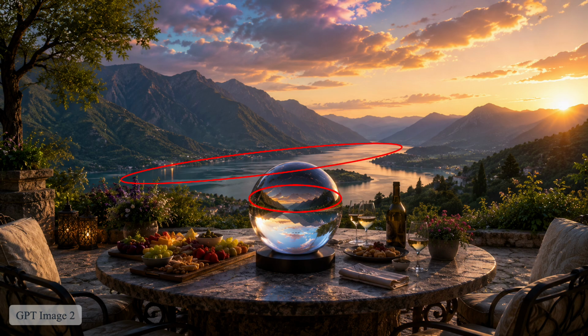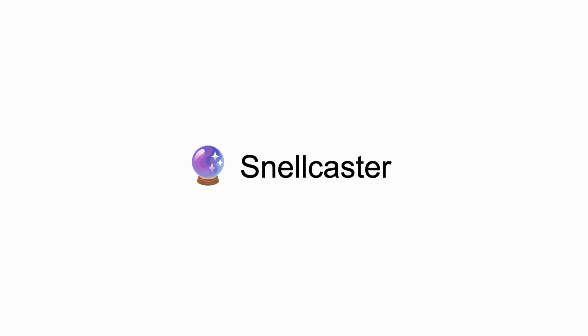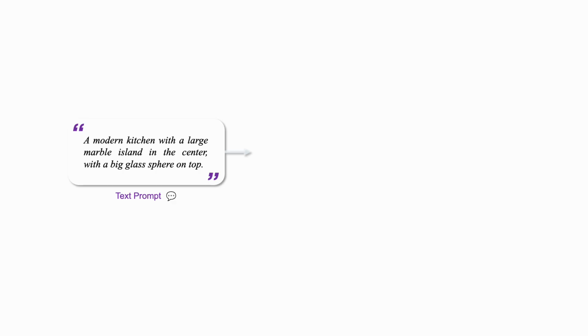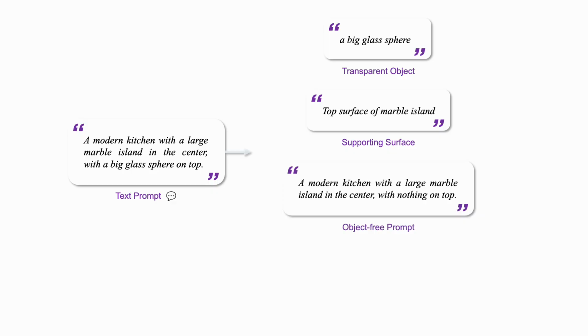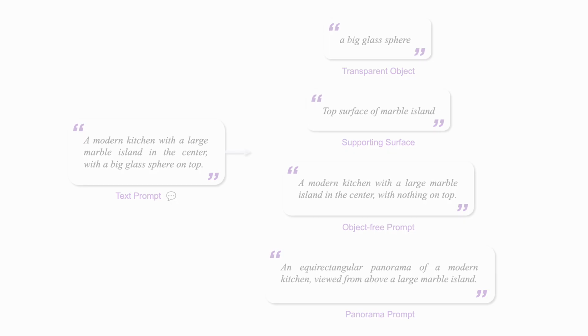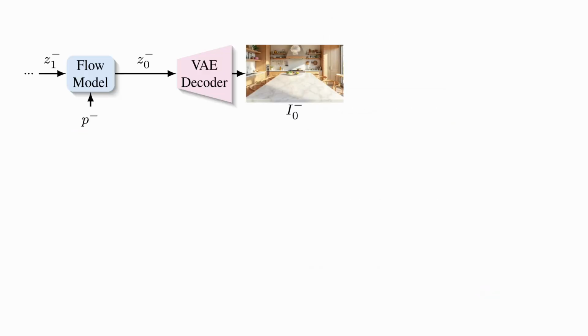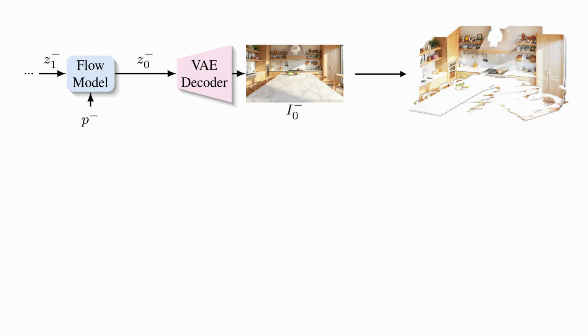These limitations motivate our physics-based generation pipeline, Snell. Starting from the input prompt, we first extract the transparent object, the supporting surface, the object-free prompt, and the panorama prompt. Using the object-free prompt, we first generate a base image without the transparent object, and estimate its scene geometry using Moji2.